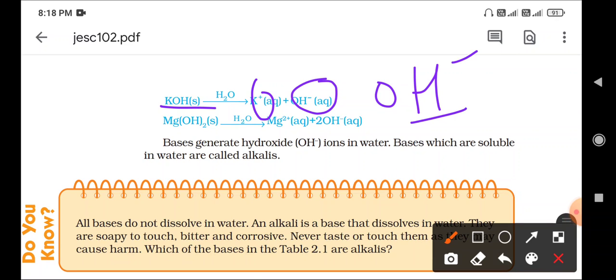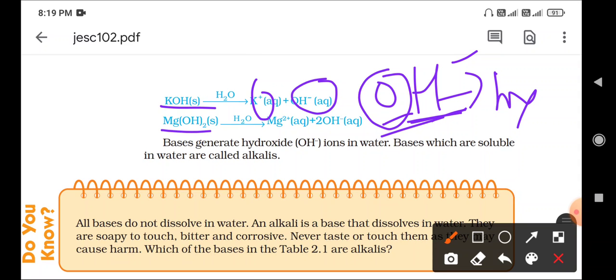Hydro means hydrogen, oxide means oxygen. We call it the hydroxide ion because both oxygen and hydrogen are present; hydro means hydrogen, oxide means oxygen. Again, magnesium hydroxide dissolved in water also gives Mg plus and OH minus ions.